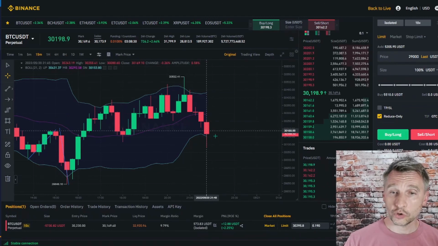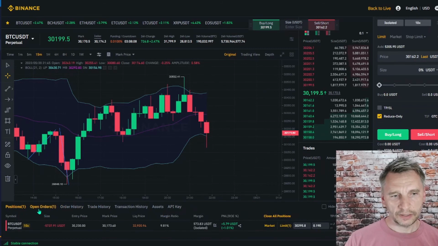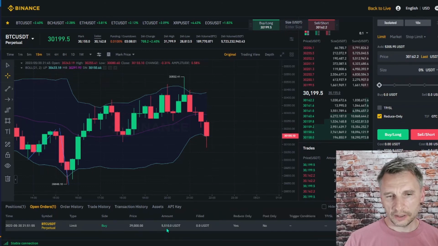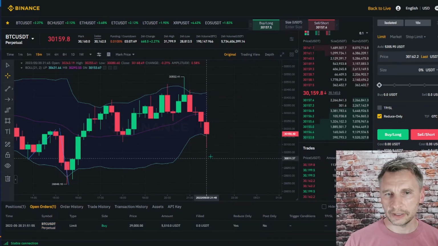Because this is a short position, if I want to close the position at $29,000, I place a long position, reduce only 100% of the position, and I buy. And then if you go over here to the open orders, this is the position that is waiting to be closed once Bitcoin reaches $29,000, and at that point the leveraged amount of $5,510 will be closed, and my take profits will be sent into the account.